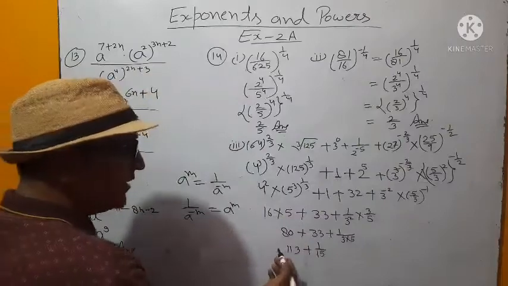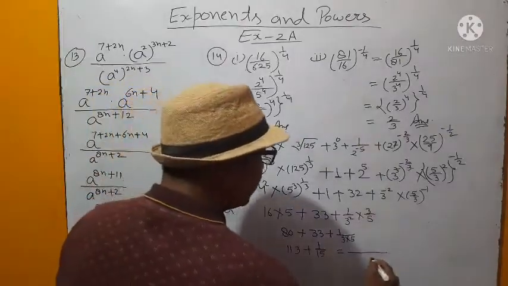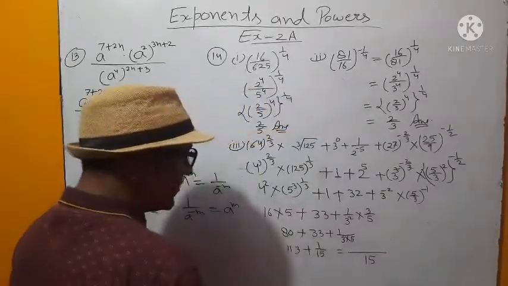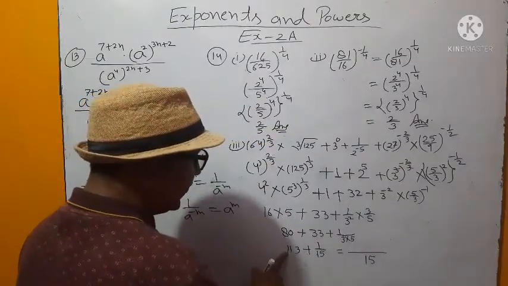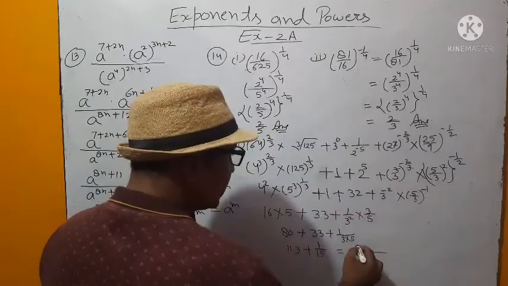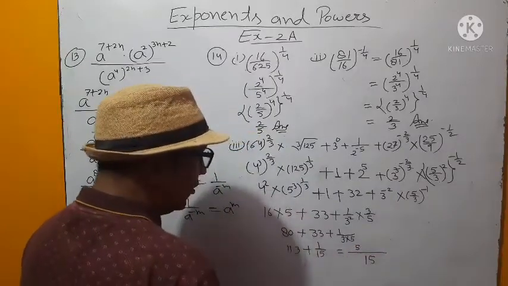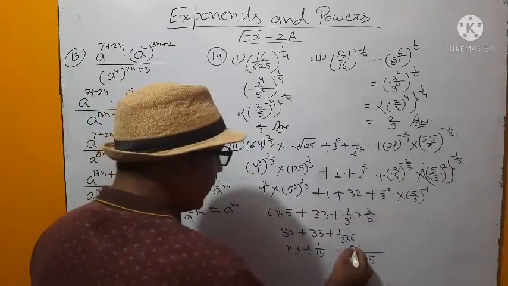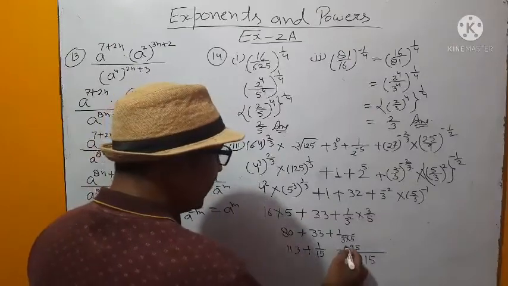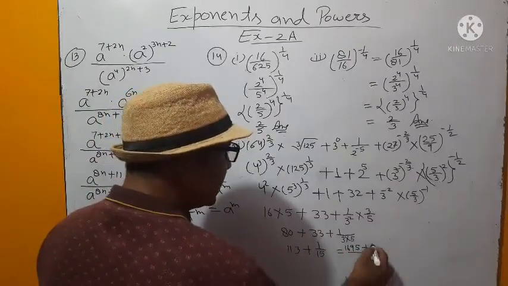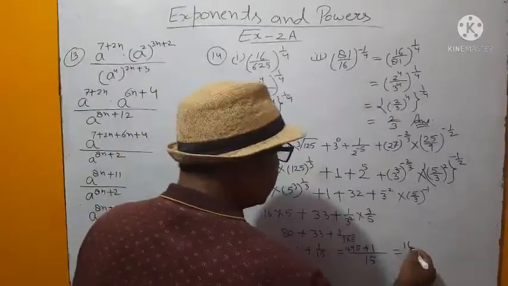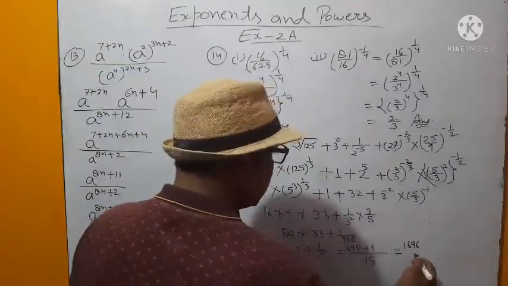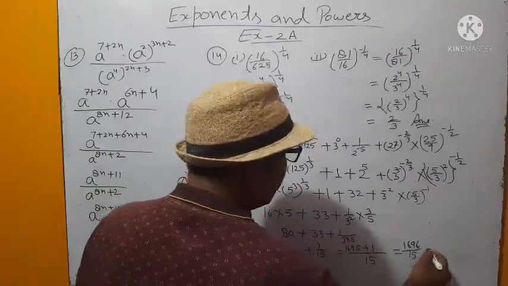Now to solve it, we will take the LCM. If you take LCM 15, then 15 is multiplied by 113. 15 3s are 45, 4 carry on. 15 1s are 15, 4 19, 1 carry on. 15 1 is 16, plus here 1 is remaining. 1 is added, then 16 in 1696 upon 15.